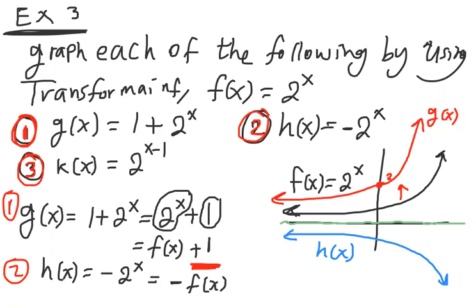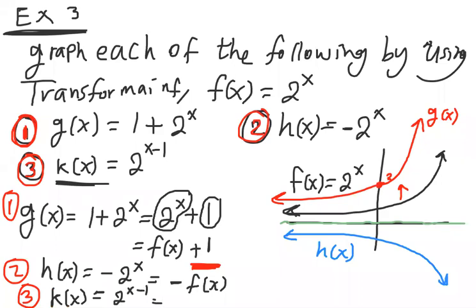Now for the third one, who will give me the hint? How can I graph the third one, k of x? This one. So again, k of x is equal to 2 to the power x minus 1.